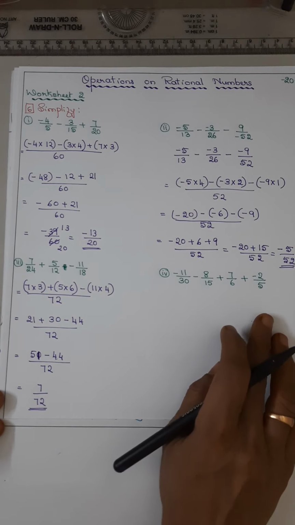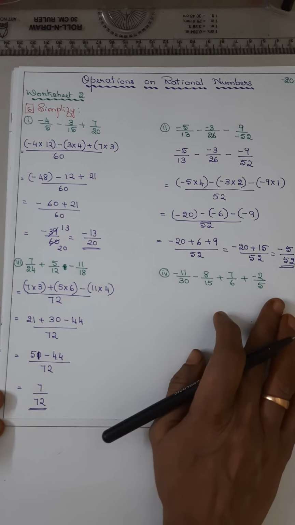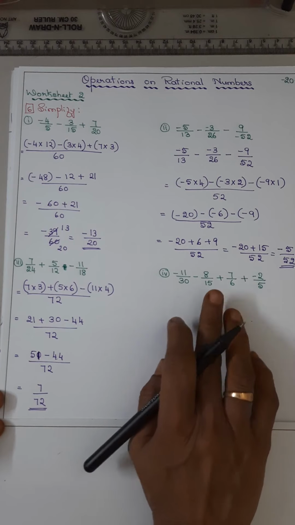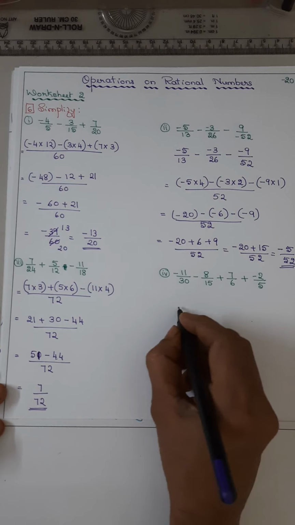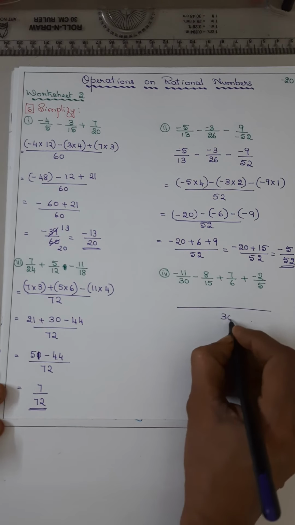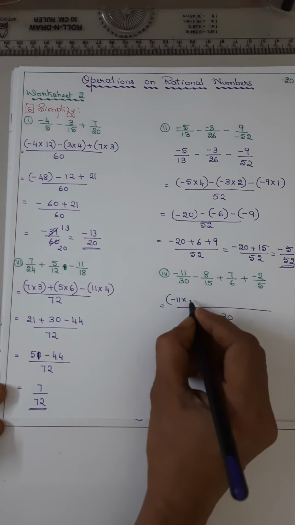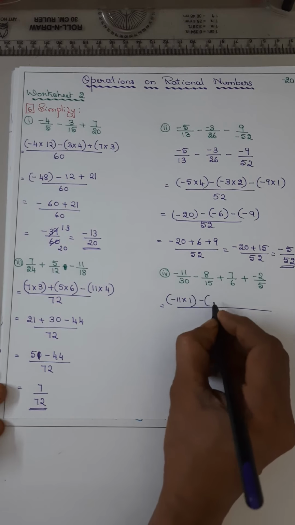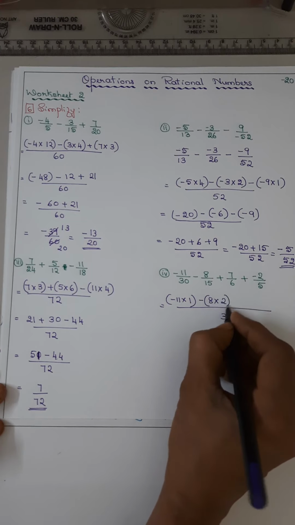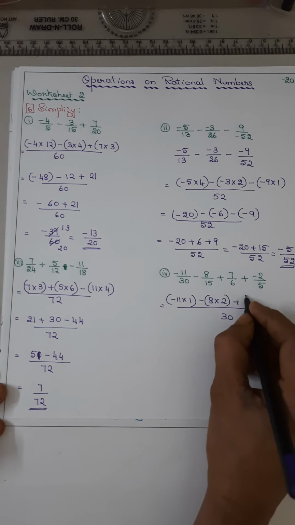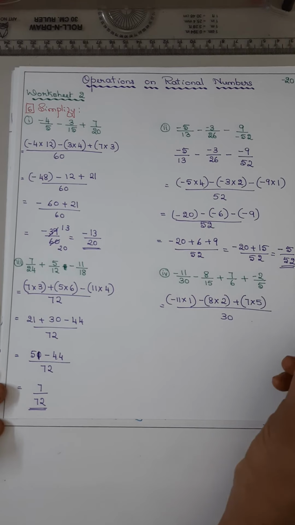Now coming to the fourth sum, 30, 15, 6, 5. 30 is the LCM, 15 twos are 30, 6 5s are 30, 5 6s are 30. So LCM is 30. So minus 11 into 30, 1s are 30, minus 8 into 15 2s are 30, multiply by 2. 7 into 6 5s are 30, 5.